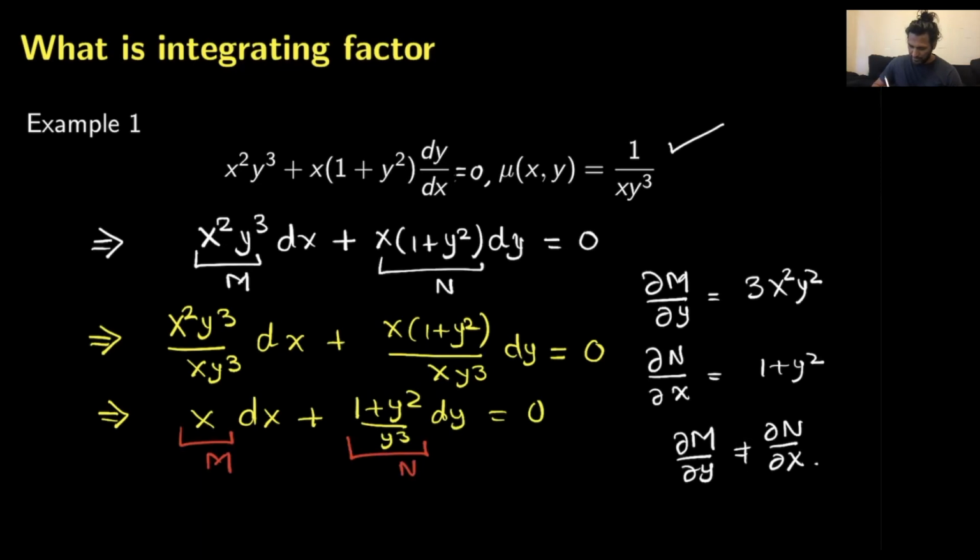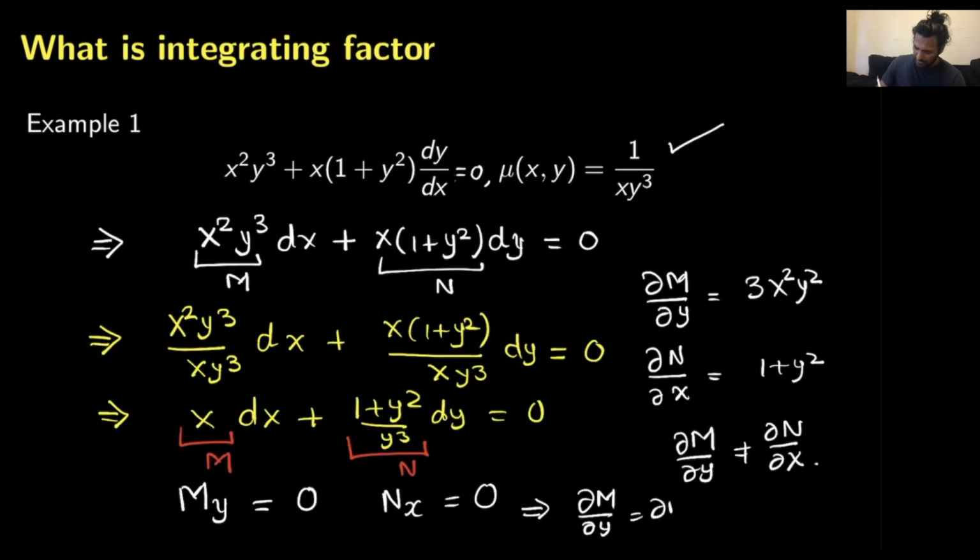If I calculate the partial derivative of M with respect to y, it is 0 because M has no y in it. And if I take the derivative of N with respect to x, this is also 0. That implies the partial derivative of M with respect to y is equal to the partial derivative of N with respect to x. Now this new differential equation is an exact differential equation.